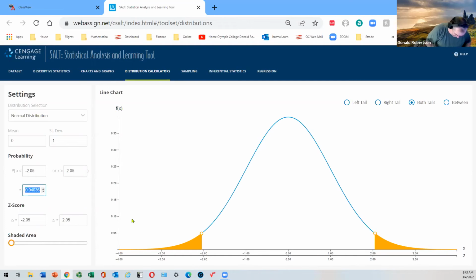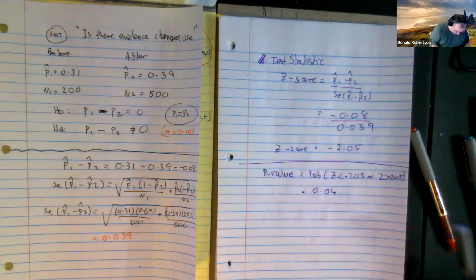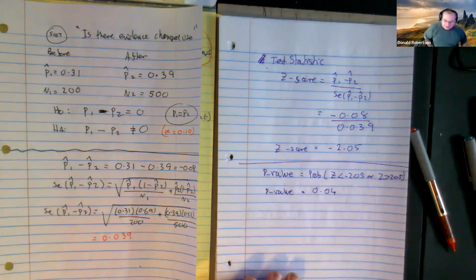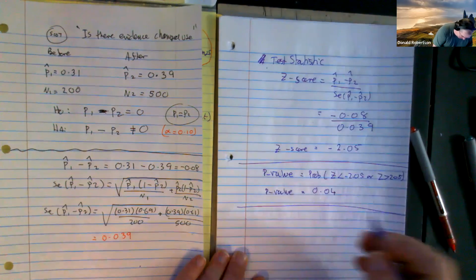Yay. I'm bad at judging what p-values are going to be. It's 0.04. That was lucky. Whoa, that was lucky. So I wasn't proved wrong after all. The gap that I made was large enough. So there's our p-value.